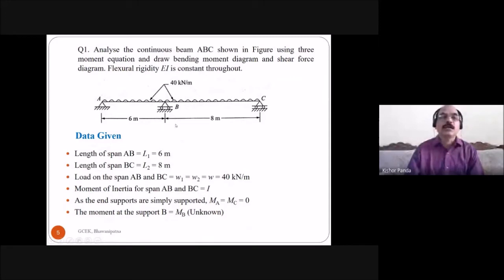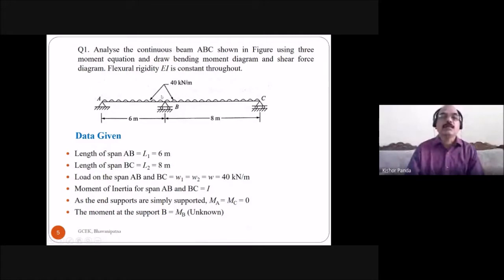Only the moment at support B is unknown. The moment at support B is MB. This is unknown.